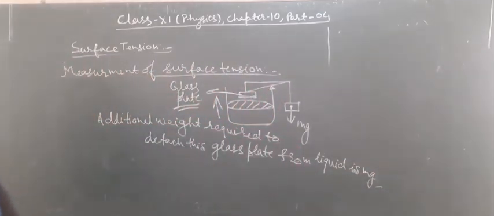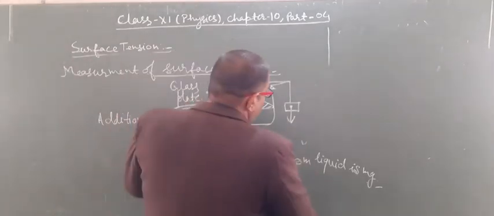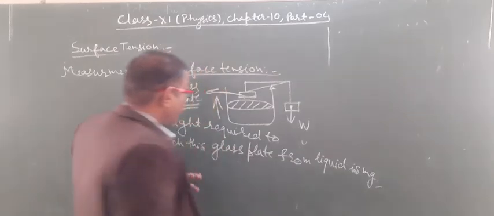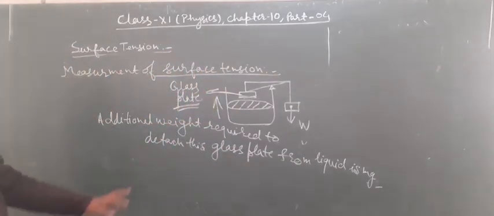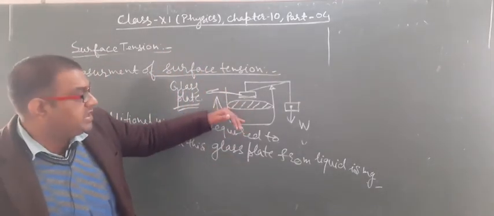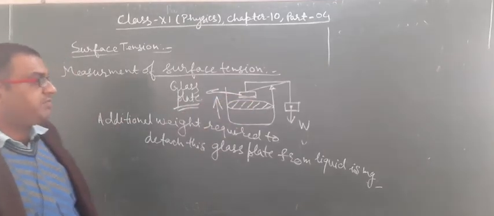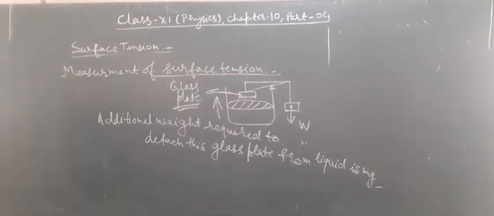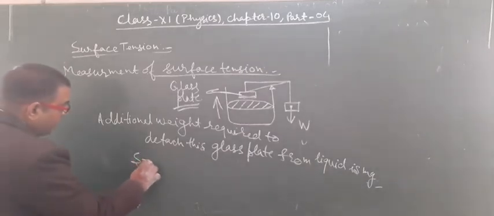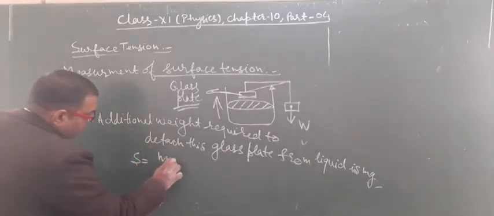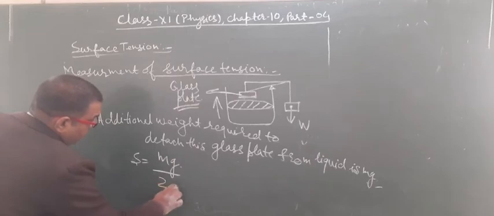Suppose initially it has the weight w. So the extra weight which you have to give to detach this glass plate from the liquid is mg. So surface tension can be given as mg, force upon 2L.